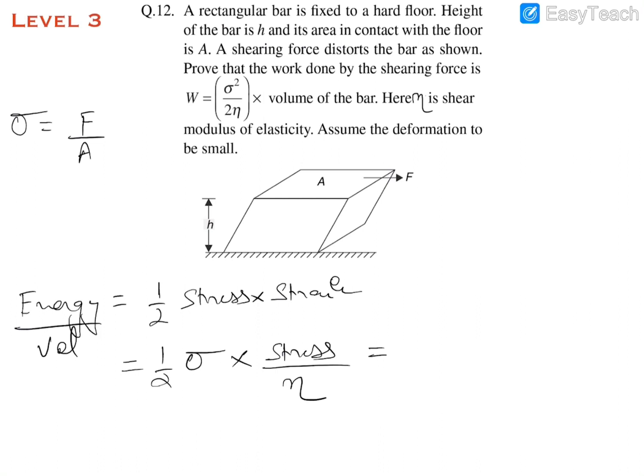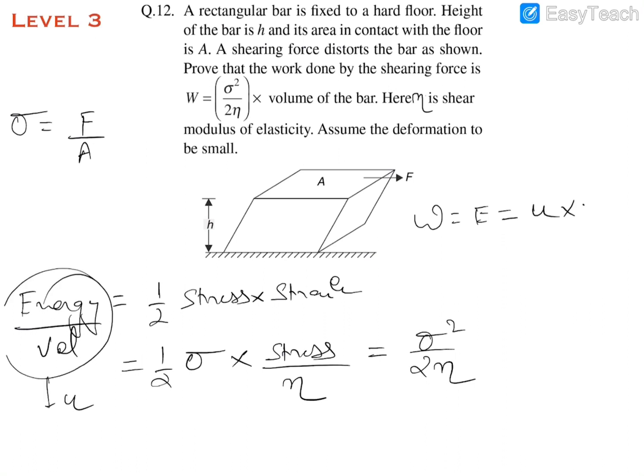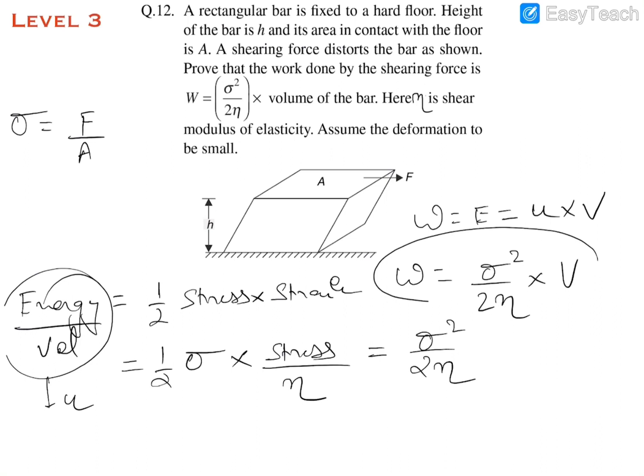So you can see that this is sigma square by 2 neta, and the work done is equal to energy stored, and energy will be equal to energy density into volume. So work done will be equal to sigma square by 2 neta into volume. So this is the work done in distorting this rectangular block. Now we move on to the next question.